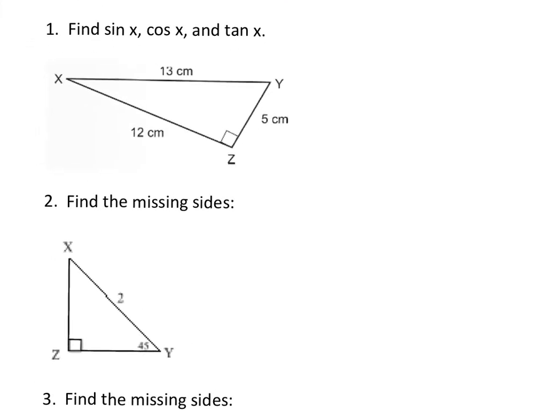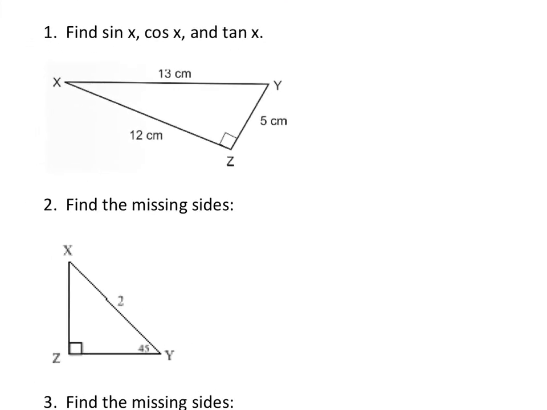They want us to find each one. Notice that they are all looking from angle X. So if you're looking from angle X, this side would be considered opposite. This would be considered adjacent, and again the longest side is always the hypotenuse.